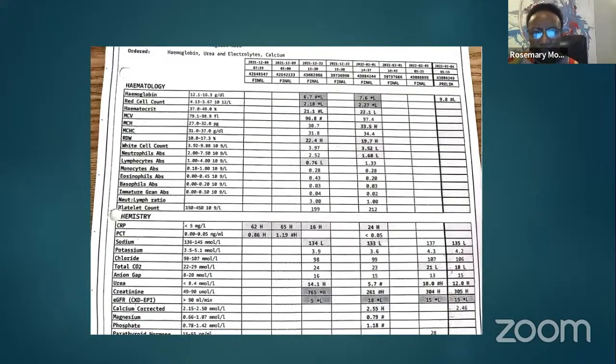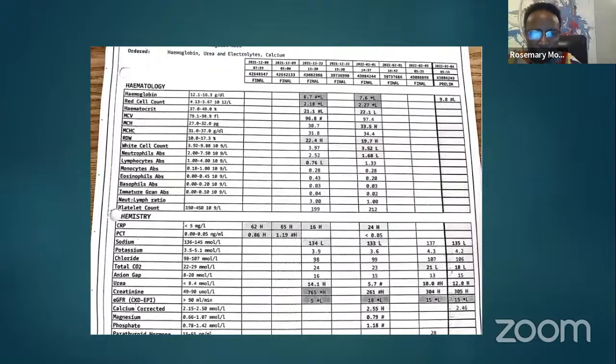So this is the same patient, and you can see the hemoglobin is on the low side. The GFR is persistently low: it was 5 and then it went up to 18. Remember that a GFR of more than 15, we now say is CKD 4.